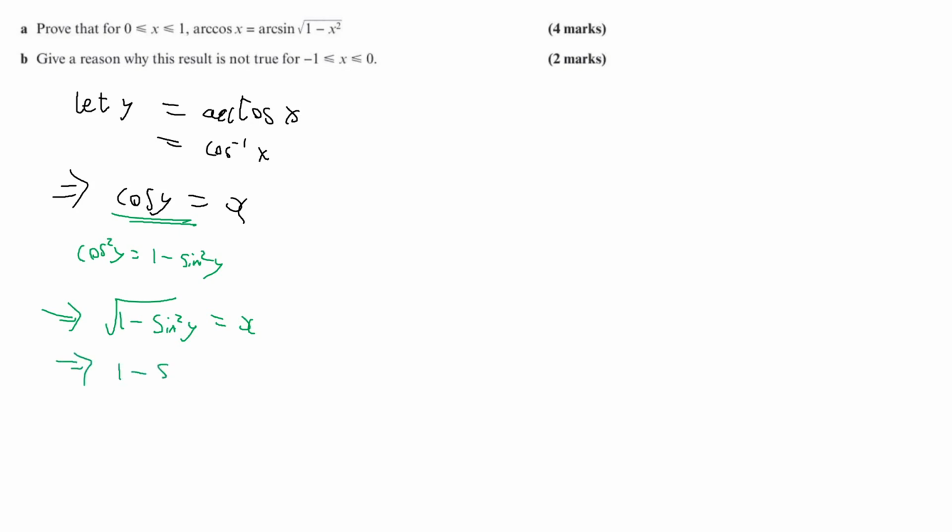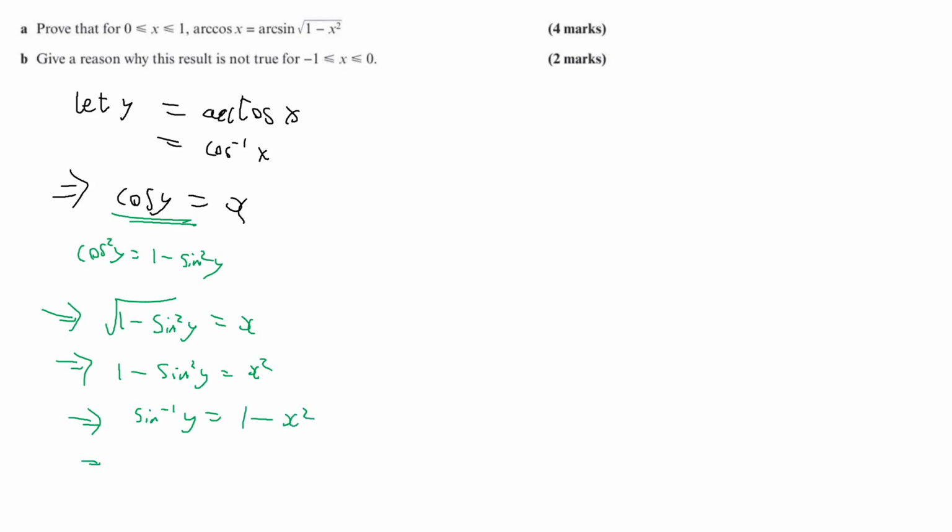So 1 minus sine squared y is equal to x squared. Let's add the 1, sure. So we can do minus sine squared y, which is equal to x squared minus 1. We'll change the signs of everything. So then that becomes 1 minus x squared.